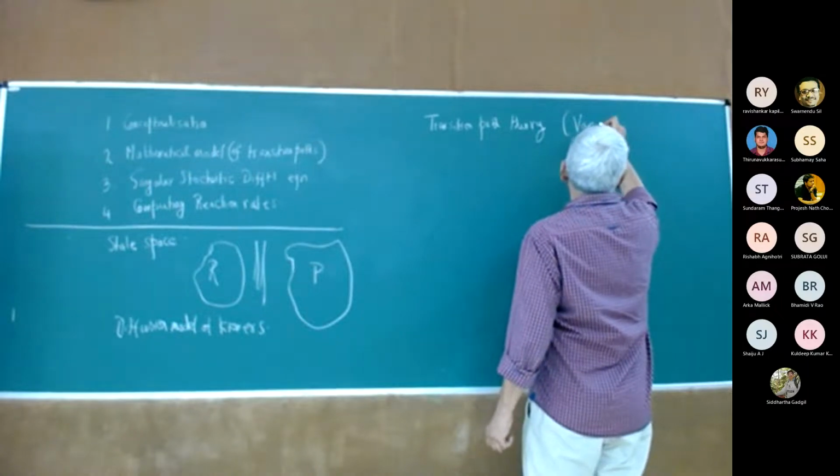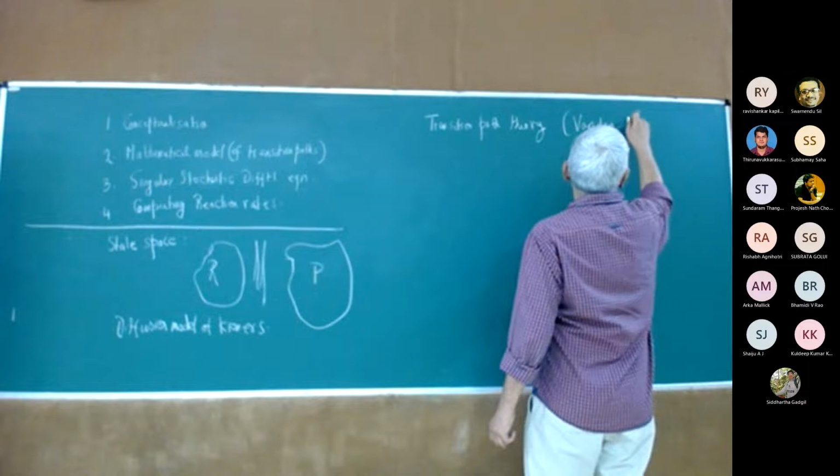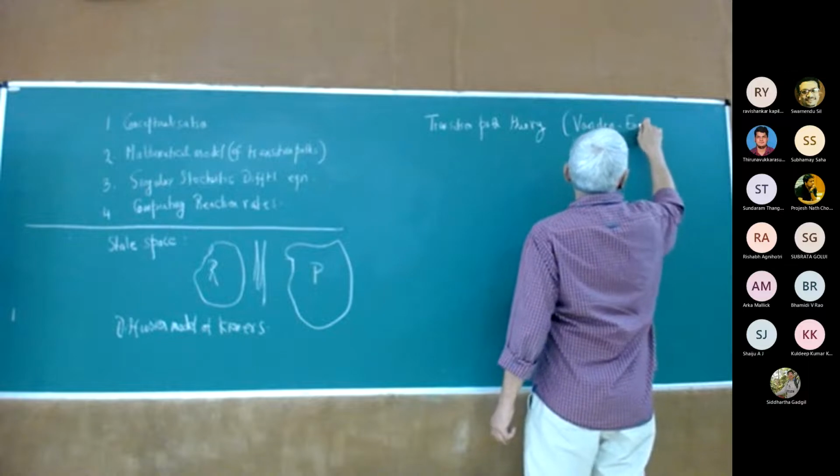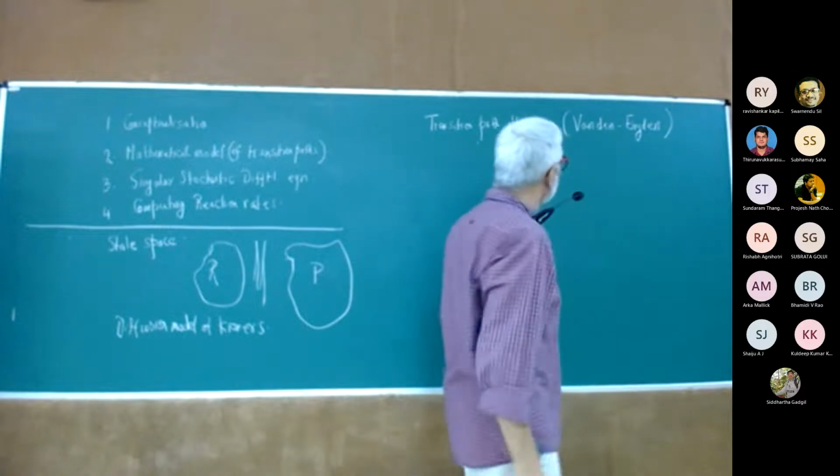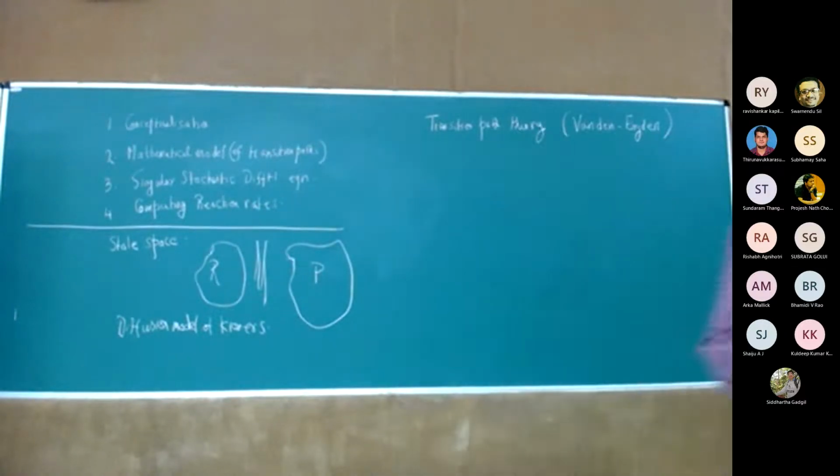Van den Eijnden, he's a mathematician at the Courant Institute, I think. So they had this model for how the transitions actually happen. And they try to model it by a separate process, separate from the diffusion XT.